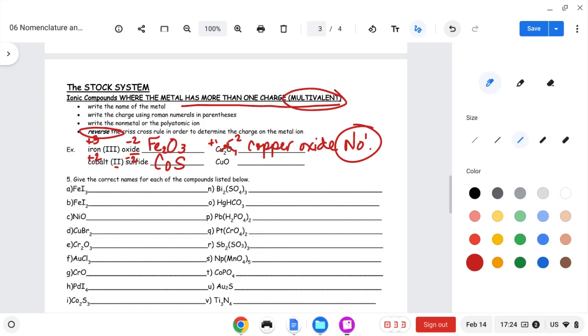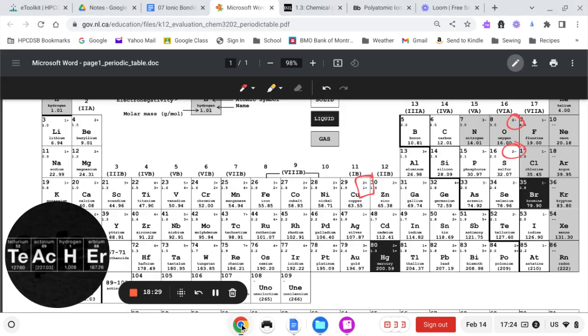And then what you need to do is just double check that, because sometimes we reduce ionic compounds and their formulas. So you want to make sure that copper has a charge of +1 and that oxygen has a charge of -2. And it does. Oxygen is -2, and it's possible that copper could have a charge of +1.